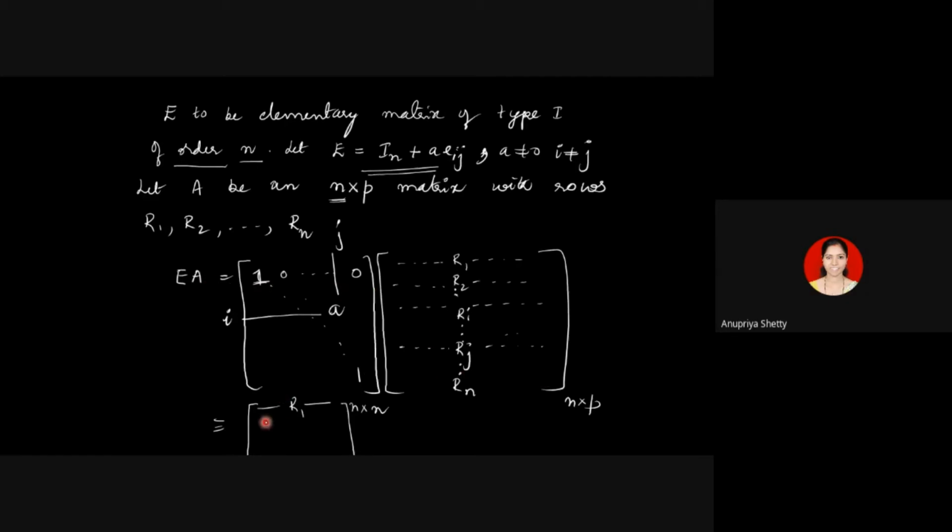If I do that, I would be getting the entire second row of E into A. Let me write down what is there in the second row of E. If i is not equal to 2, this ith row has A there. Otherwise, rest all the rows are same as that of identity. Remember that. So if the second row is here, it has 0 in the first place, then 1 comes in the diagonal. Rest everything is zeros.